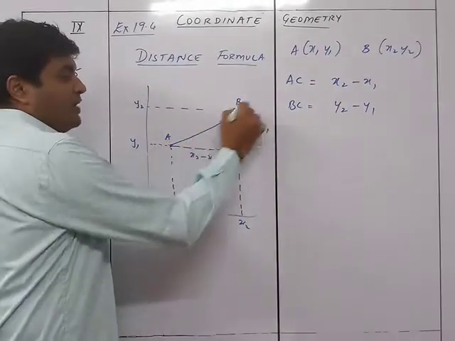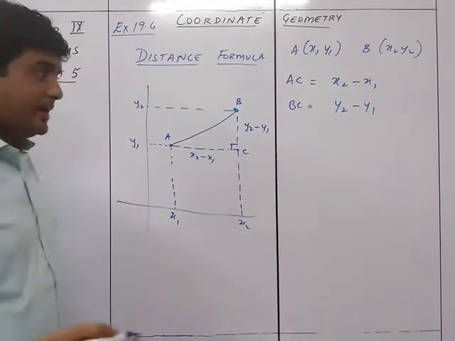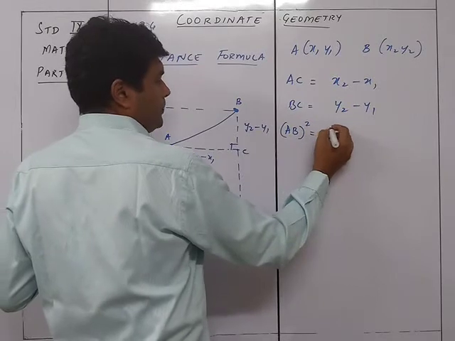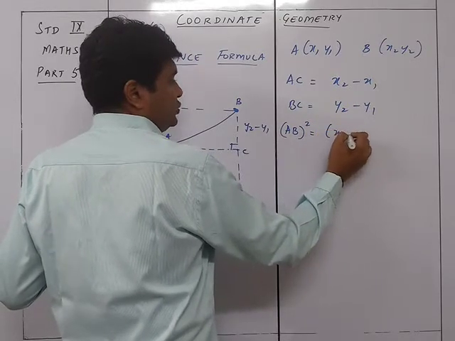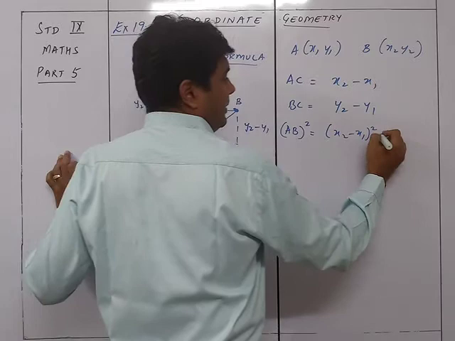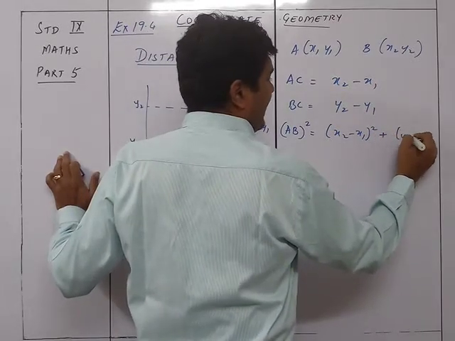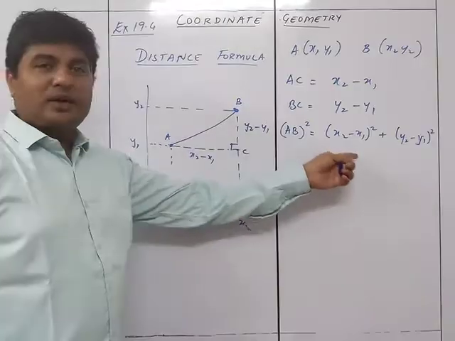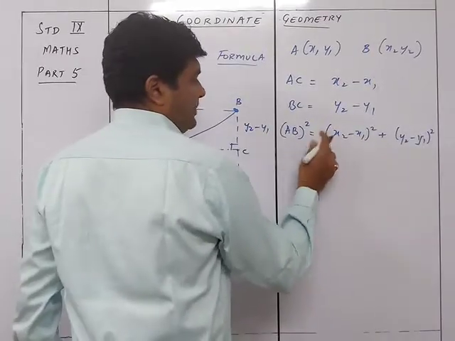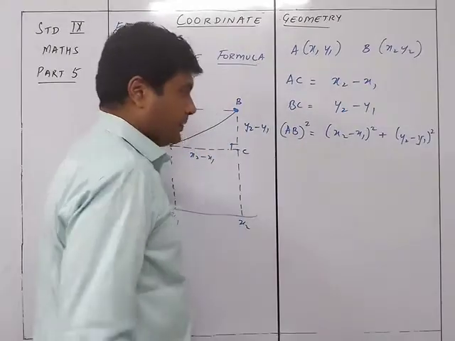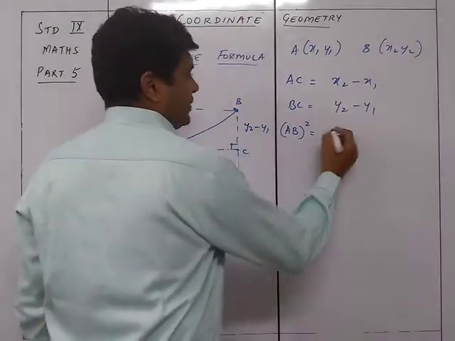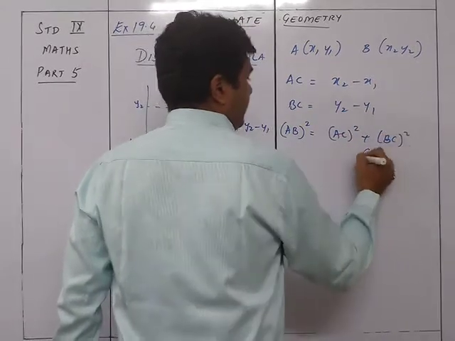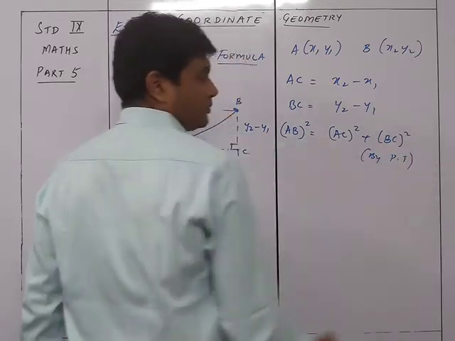I wanted to know the value of AB, so that is nothing but Pythagoras theorem. AB square will be equal to x2 minus x1 the whole square plus y2 minus y1 the whole square. Or to make it simpler, AB square equals AC square plus BC square by Pythagoras theorem.